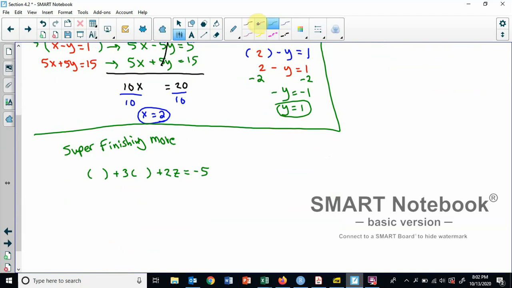And I know what x was. It is 2. I know what y is. It is 1. And so what I can do now is simply solve. Let's see, what is 3 times 1? That is 3. I can solve for z. Now be careful here. What's 2 plus 3? That's 5.